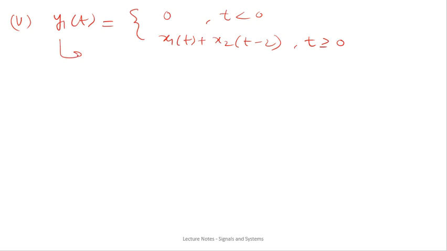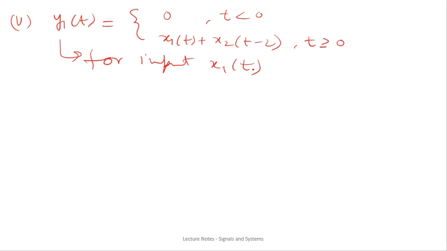The output y1(t) will be equal to 0 for t less than 0, and x1(t) plus x1(t minus 2) for t greater than or equal to 0. It should be the corresponding output for input x1(t). So this is any arbitrary input you have assumed.